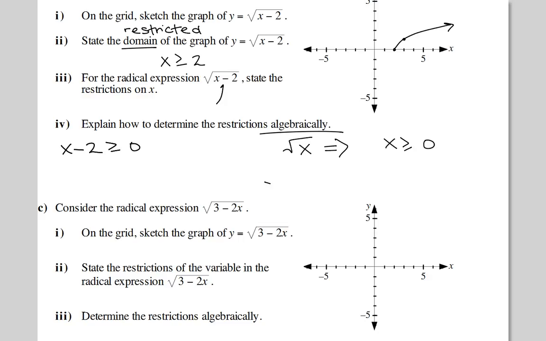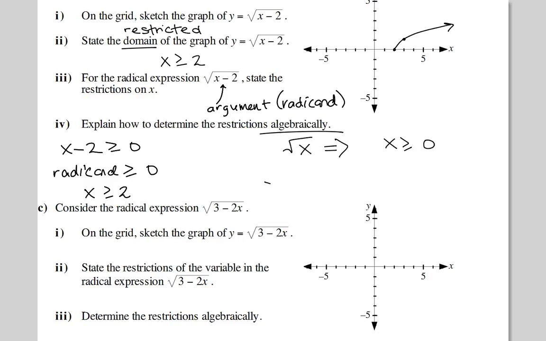Inside this, we call this the argument, or the radicand. So the radicand has to be greater or equal to 0, and then you just solve that. Move the 2 to the other side and you have x greater or equal to 2.